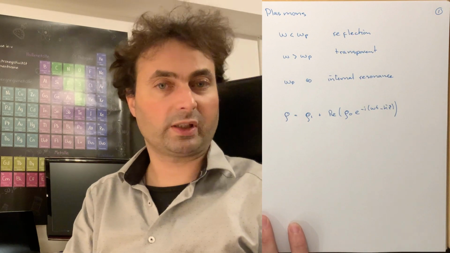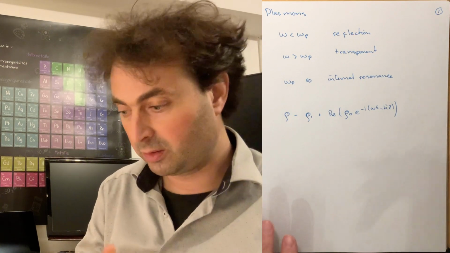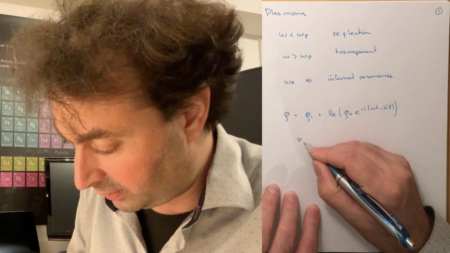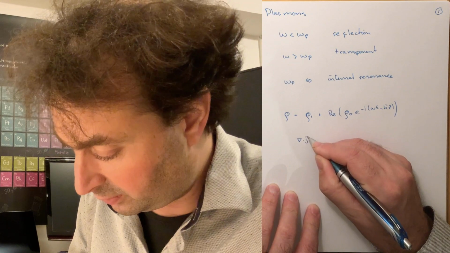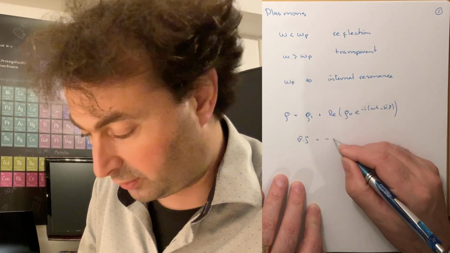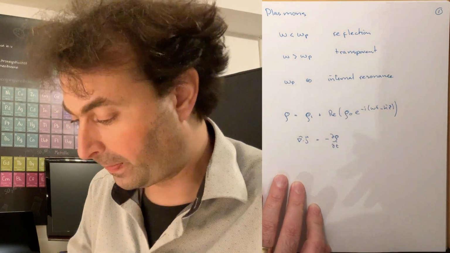Now in order to show that this solution is in agreement with the Maxwell equations, we can have a look at the continuity equation that states that the divergence of J is equal to minus the time derivative of the density.